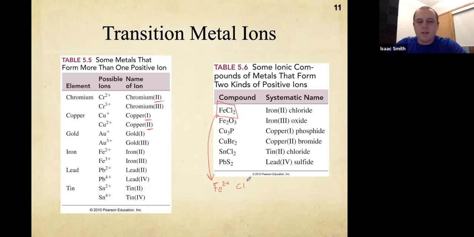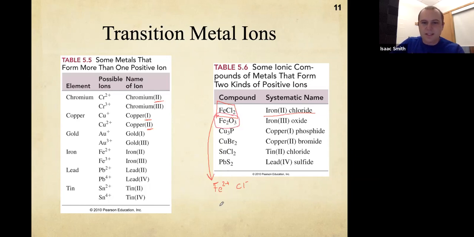So we knew this was iron 2+ because we have two negatively charged chlorines next to it. And since we know this is a neutral compound, we can figure that out. So when you go to name it, you would write iron(II) chloride. You'd specify the iron(II) because at this point you know that that's iron 2.